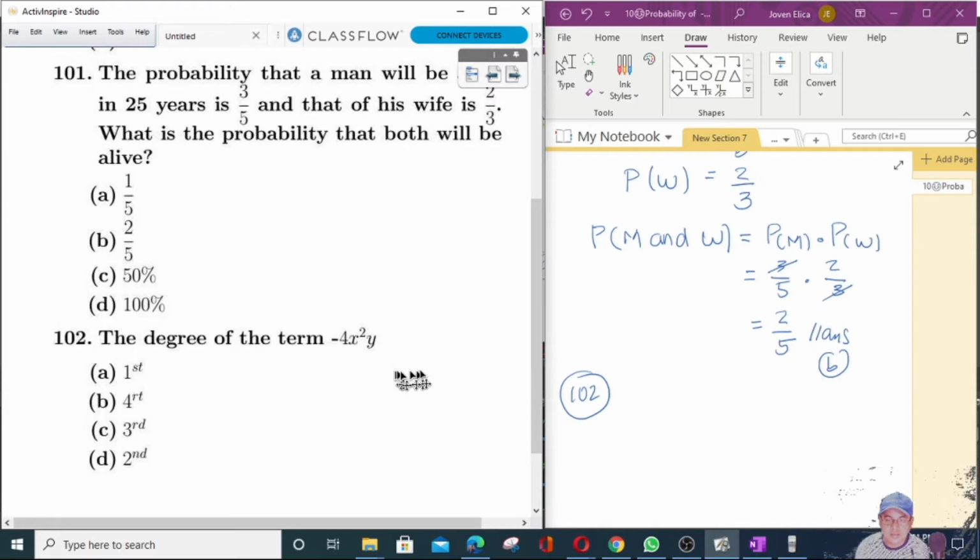Since the term has two variables, x has second degree and y is first degree. Actually, the question should be, what is the highest degree?